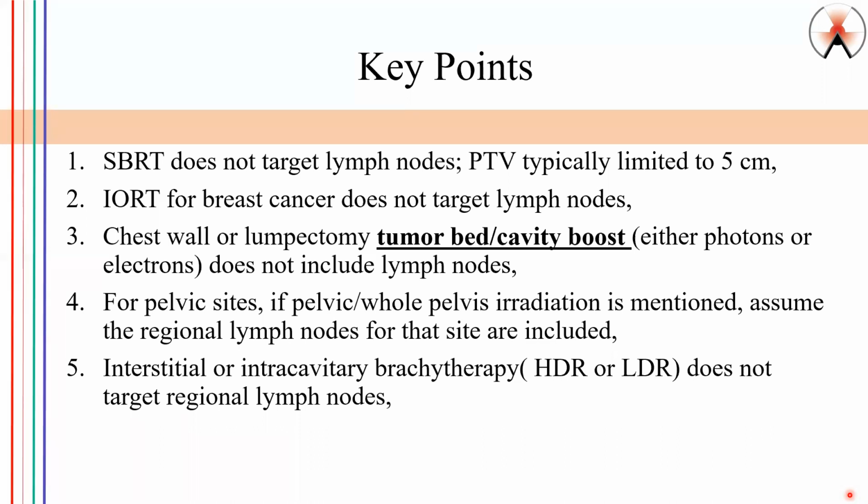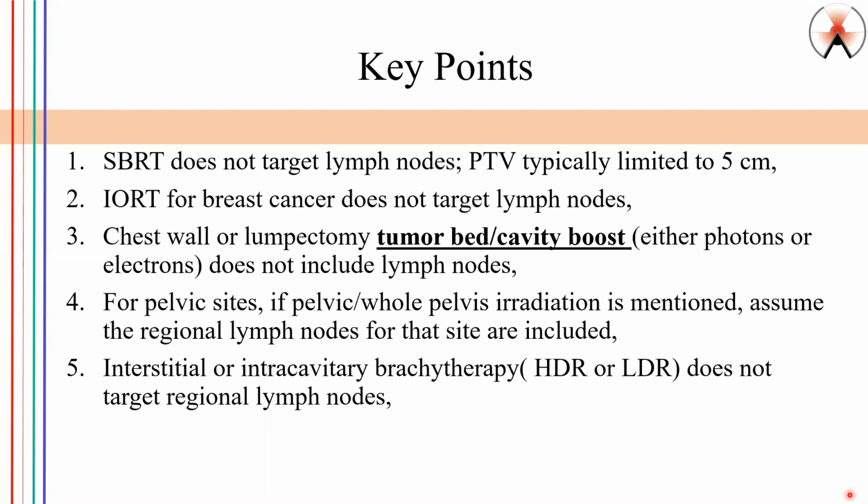Look at the size, 5 cm. You have seen me use a picture of 2 quarters next to each other. That's the approximate dimension of 5 cm. And that's about the limit of the volume that we use when we use SBRT or SART.